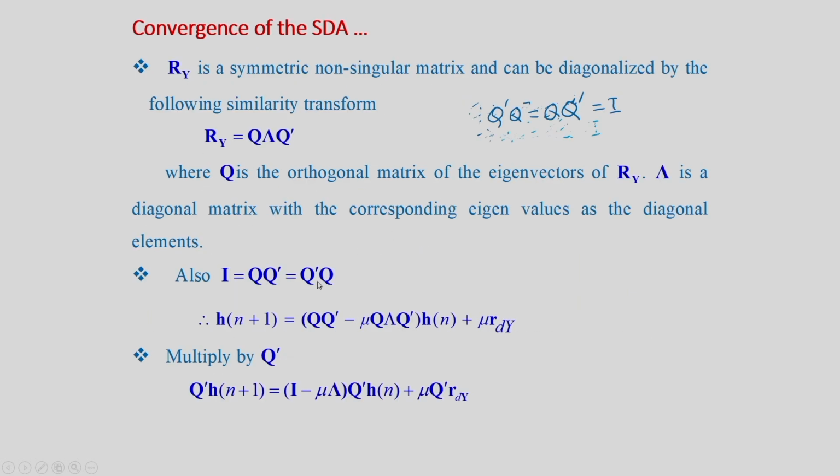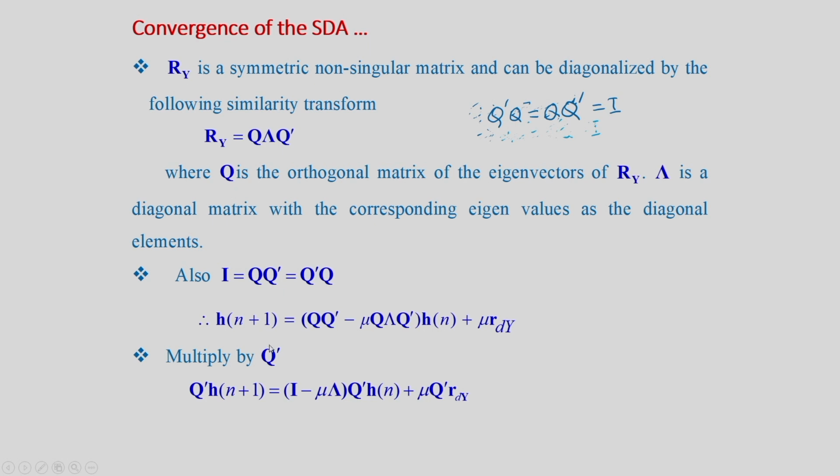This iteration can be written as H of n plus 1 is equal to Q Q transpose minus mu Q lambda Q transpose into Hn plus mu R dy.